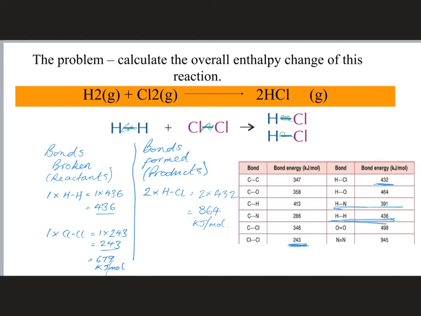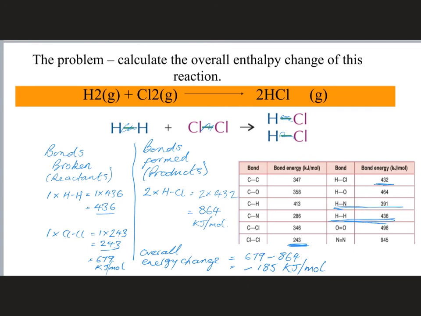And remember, the overall energy change can be calculated as equal to the energy of the reactants, 679, minus the energy of the products, 864, which is, if I just get my calculator out, 679 minus 864 comes out as minus 185 kilojoules per mole.